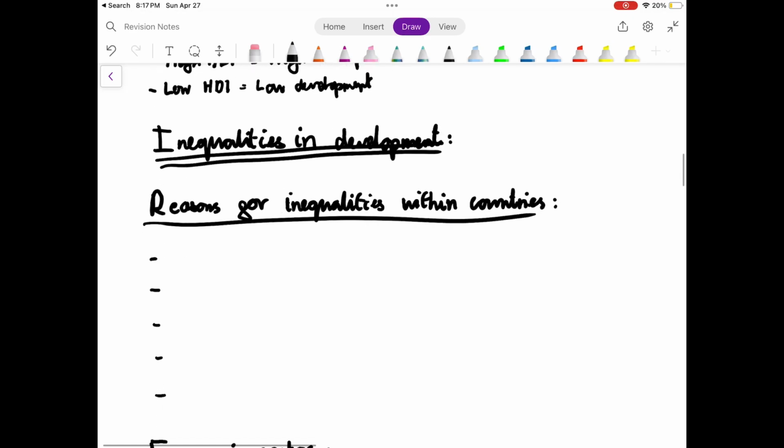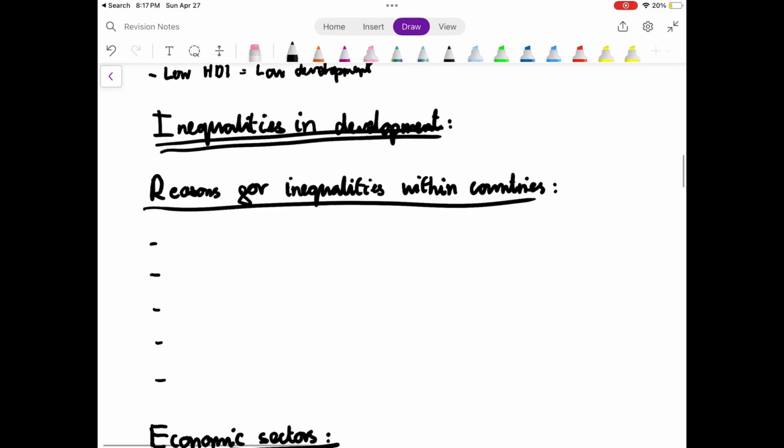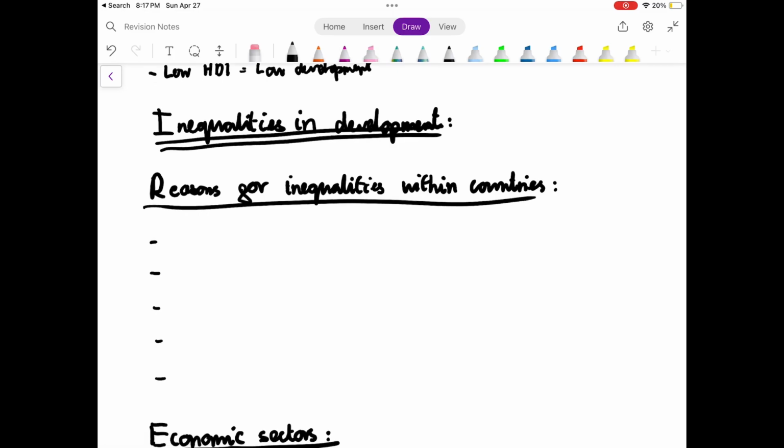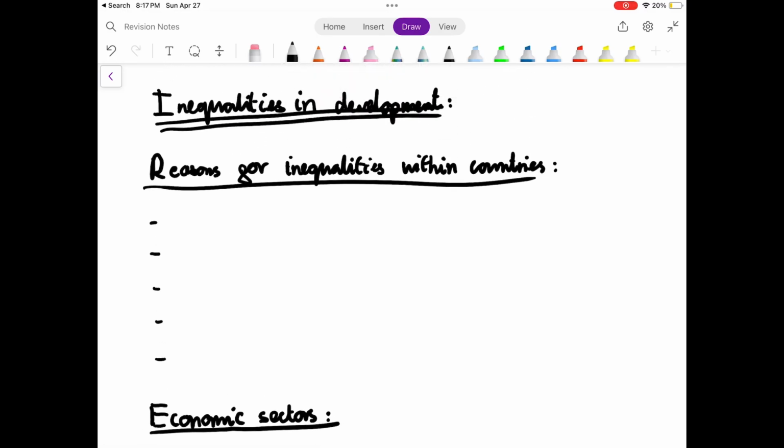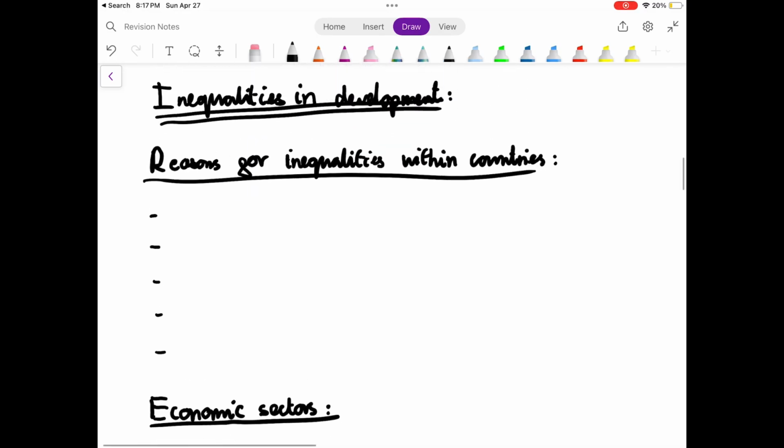Okay, so now we're going to be looking at inequalities in development. You need to know reasons for inequalities in development within countries and between countries as well.